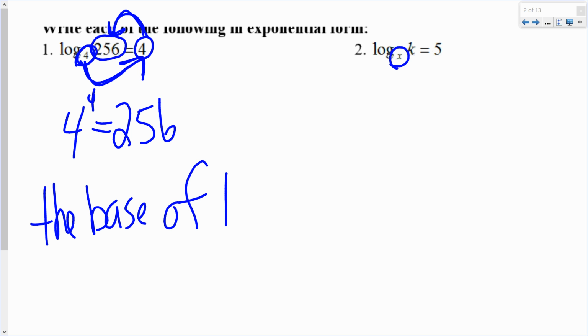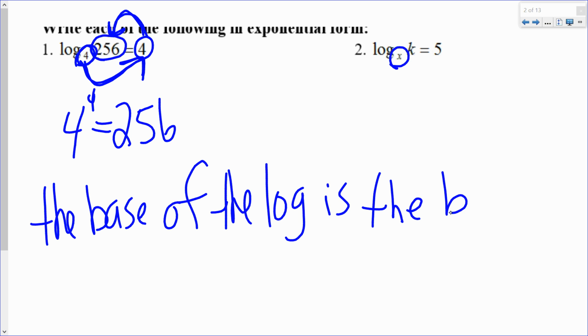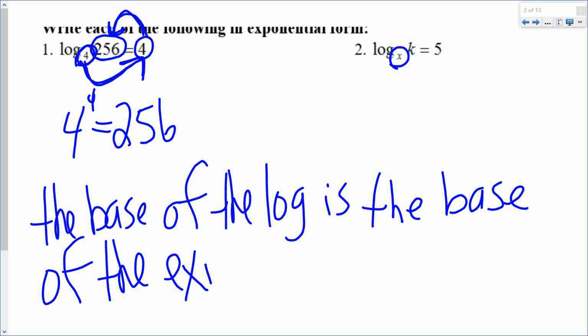The base of the log is the base of the exponent. So the base of the log is x, so that's the base of the exponent.